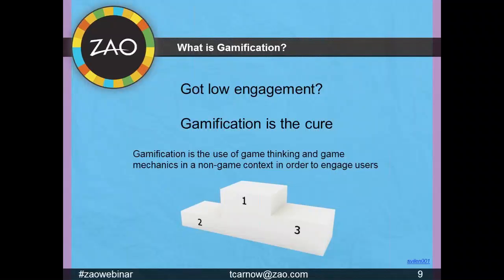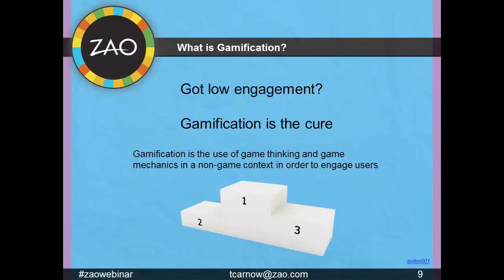So what is gamification exactly? Wikipedia defines it as the use of game thinking and game mechanics in a non-game context in order to engage users. While gamification is a relatively new buzzword, it's actually been used to keep people engaged for a long time, maybe even since the Ten Commandments.